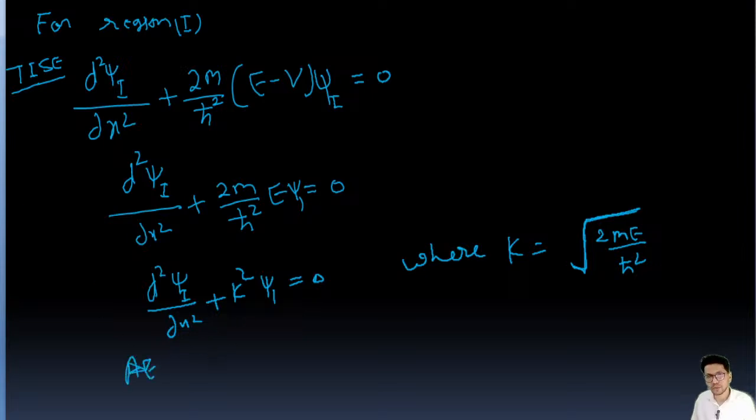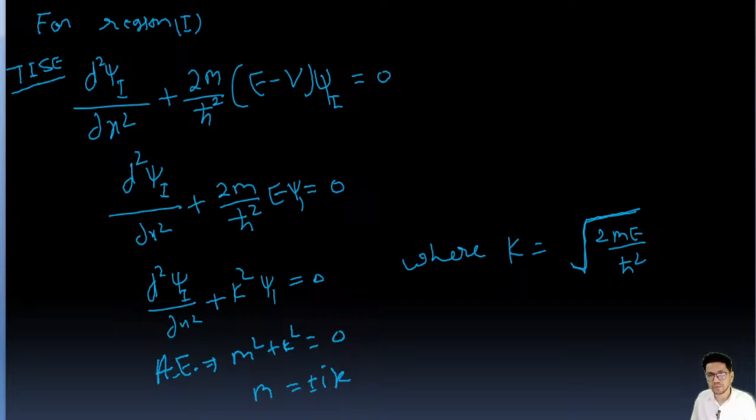The auxiliary equation for it is going to be m square plus k square equal to 0. So it means m equals plus minus iota k.